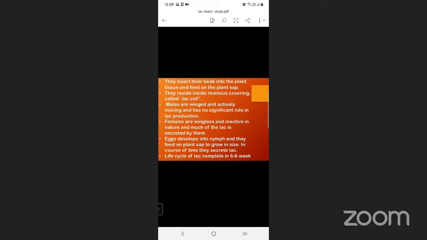Males are winged and actively moving and have no significant role in lac production. Females are wingless and inactive in nature, and much of the lac is secreted by them. So the eggs develop into nymphs and they feed on the plant sap to grow in size in course of time.